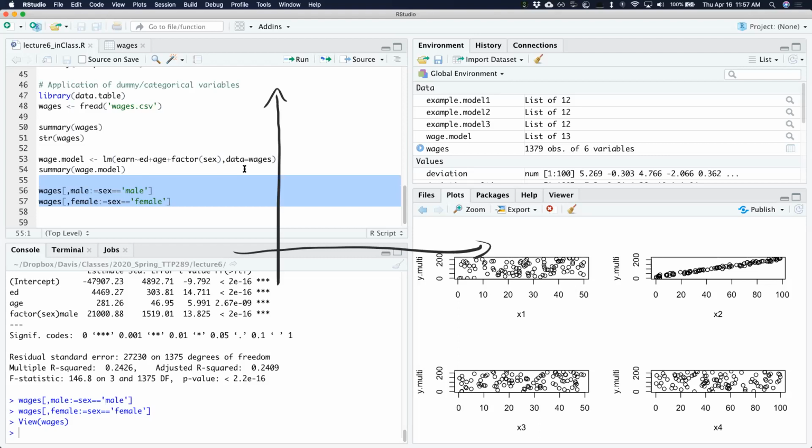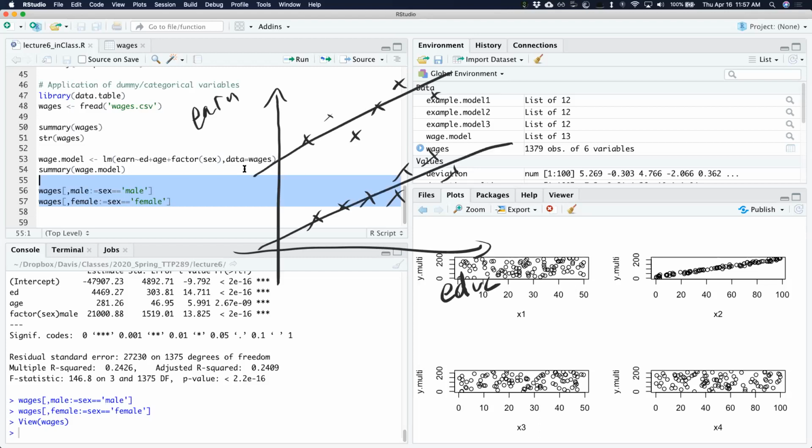So if we have earnings on the y-axis and education on our x-axis, the data might look something like this. And you can have 2 lines with identical slopes, right?